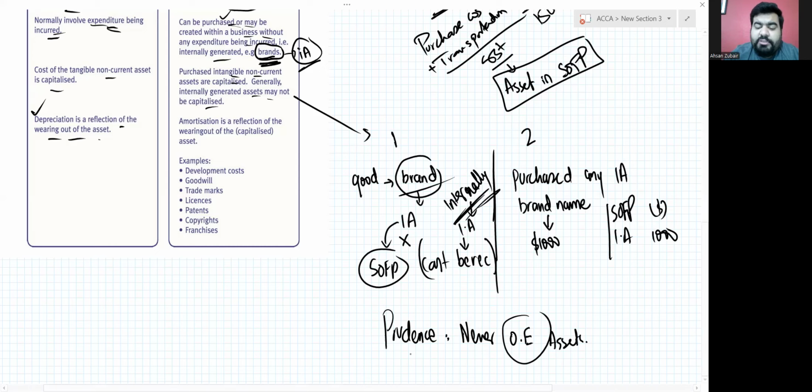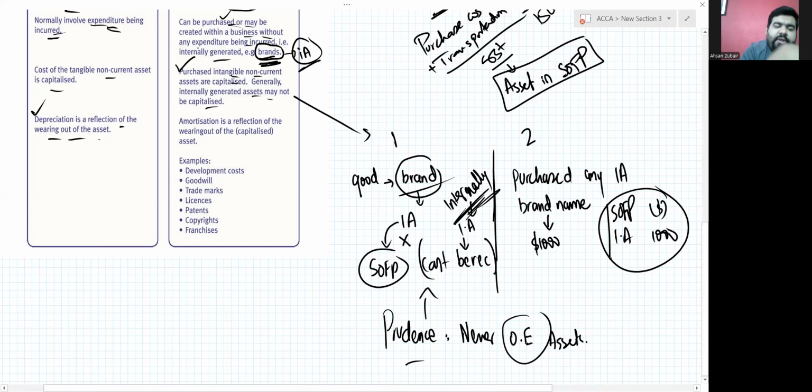So according to prudence and the standard, it is not allowed to record internally generated assets. It can't be written anywhere. But if any asset is purchased, it means you have paid the exact amount for that, so you can note it in SOFP.